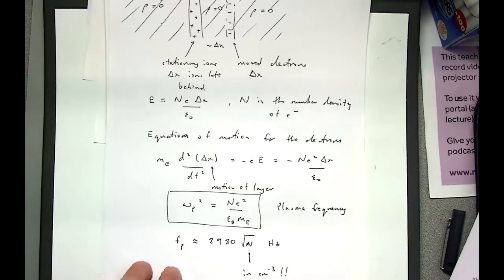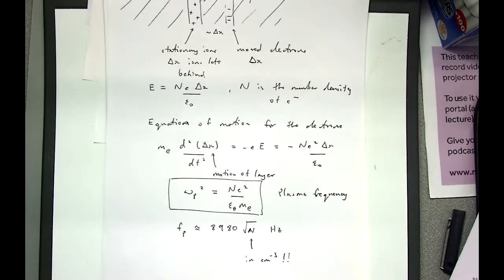You'll see in the notes there are different ways to write this down. But imagine I had, for example, a number density of electrons in the plasma of 100 per centimeter cubed. The square root would be 10, and therefore the plasma frequency would be 89 kilohertz. So they would be shaking around at 89 kilohertz.